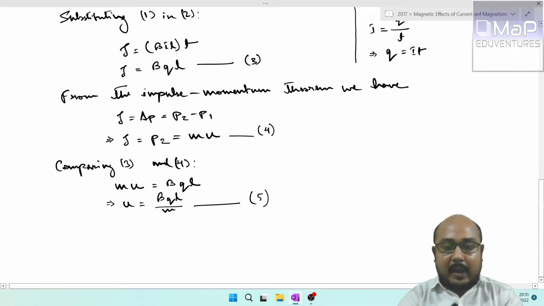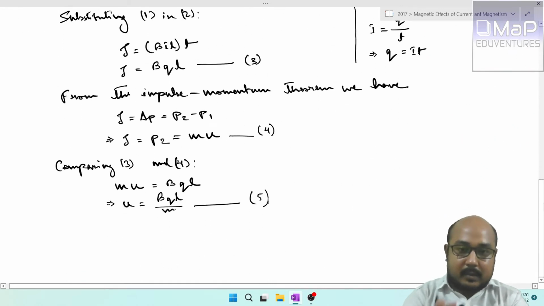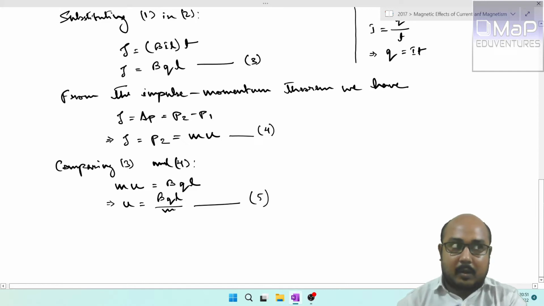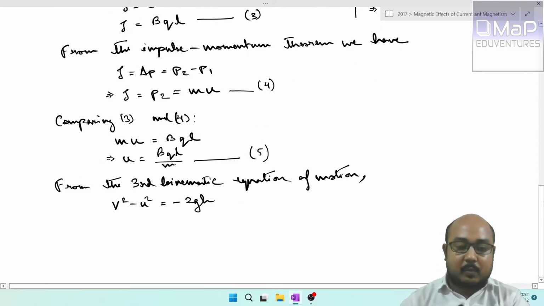Now I have the initial velocity, but to link the height I need to use the kinematic equations of motion, from chapter 1, motion in a straight line, the part on motion under gravity. From the third kinematic equation of motion, v square minus u square equal to minus 2gh.